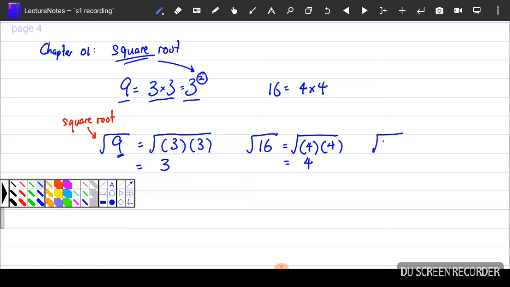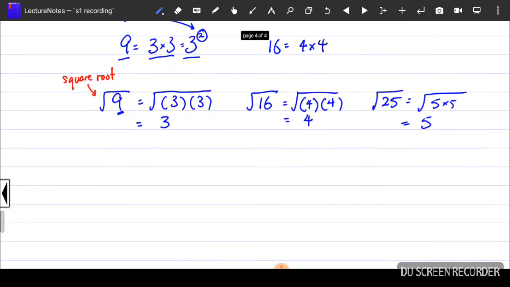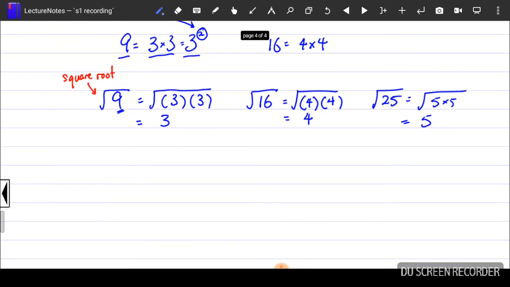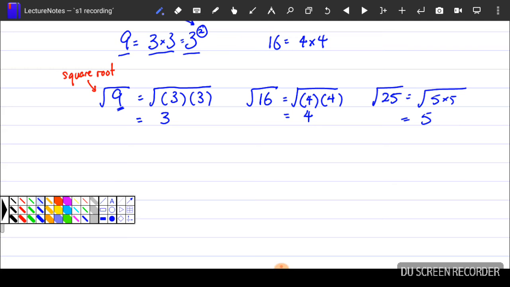Now we can go on to many numbers and we will get the answer, right?